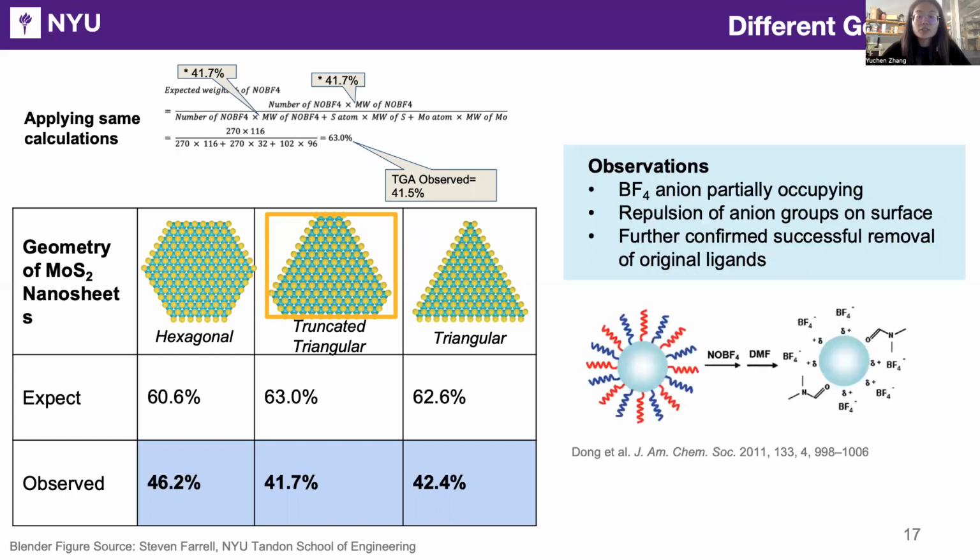Some key takeaways here: first, BF4 anion is only partially occupying the surface, like the figure shows here. And second, this result makes sense, even compared with the extreme cases, considering repulsion of the ion groups on the surface. But the point here is to show successful removal of the original ligands, replaced by the anion group.